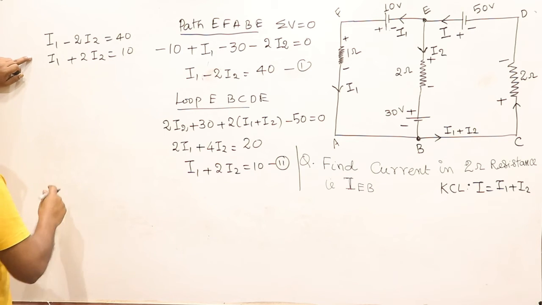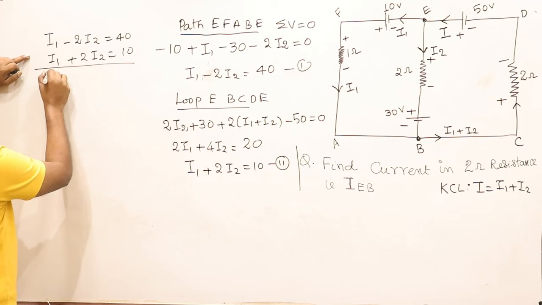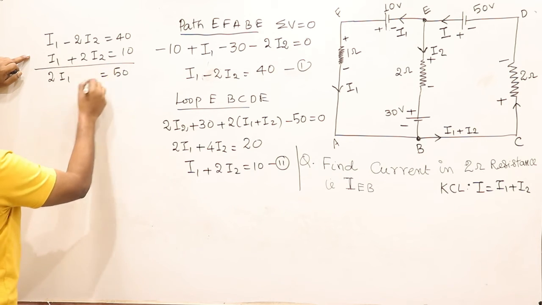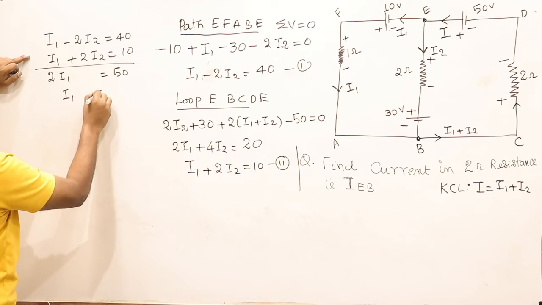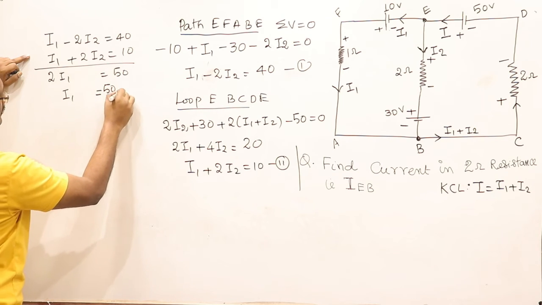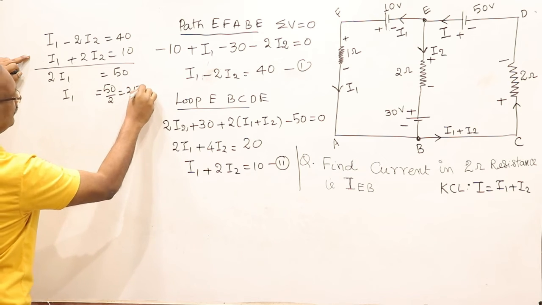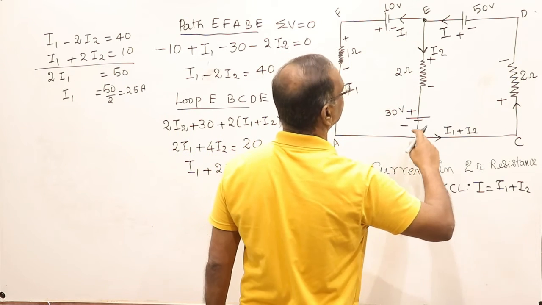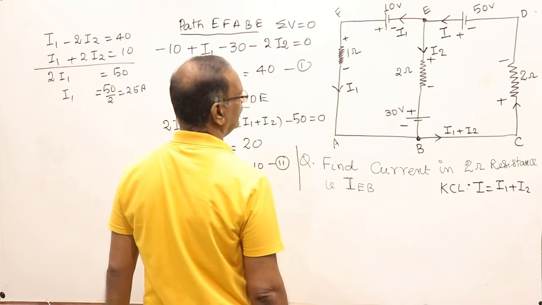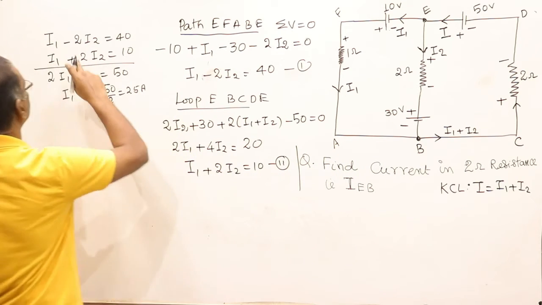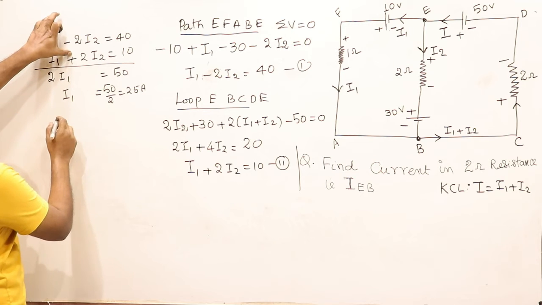Solving these equations, adding these two, 2I1 is equal to 50, or I1 is equal to 50 divided by 2 is equal to 25 ampere. What about I2? From this equation we can easily get it.